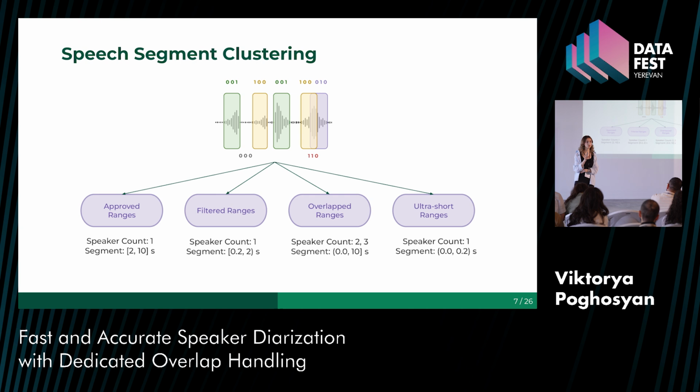Because the input is up to 10 seconds, ranges can also be up to 10 seconds, and in the experiments we found that a 2-second identifier works better in most cases. Then, based on that, we classify in that way. Okay, thank you.